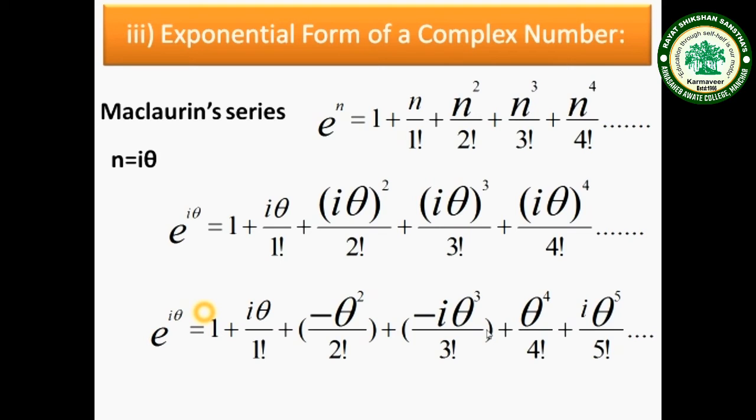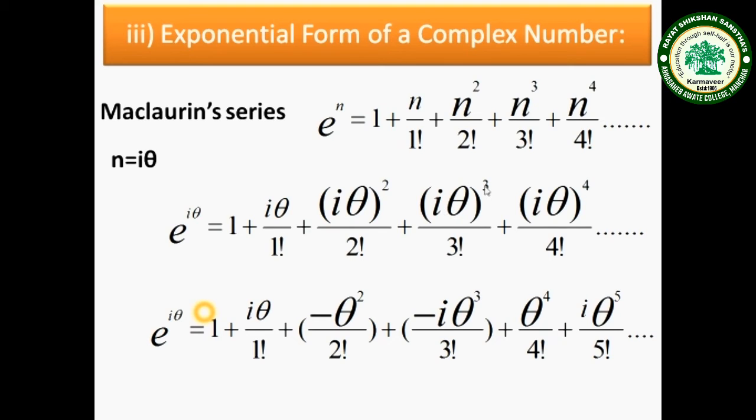So by taking advantage of those formulas, we will have e to the power i theta is 1 plus i theta upon 1 factorial. Third term, that is i square, we have written as minus 1, theta square upon 2 factorial, plus, now we are having this term, that is i cube.